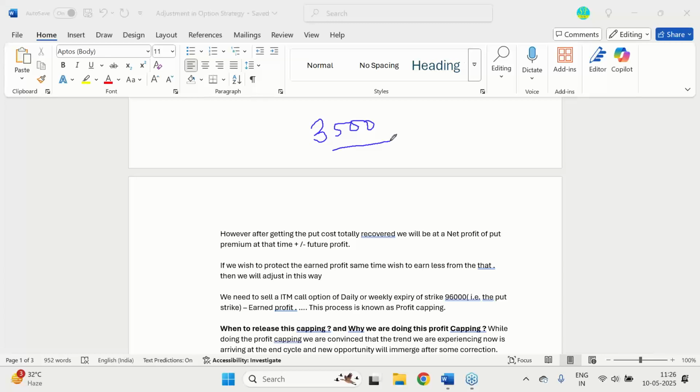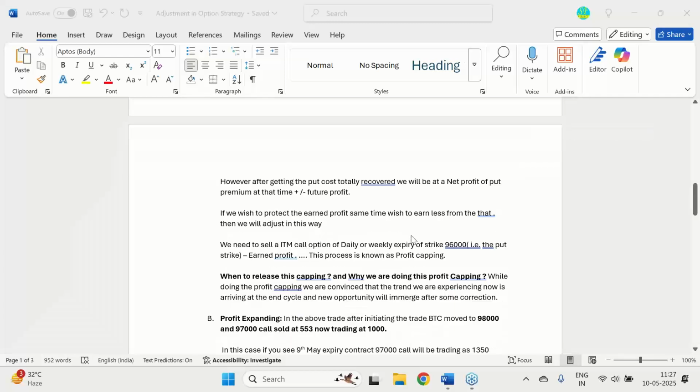I am still holding the put, still holding the future. I am just changing my style. Instead of selling the 97,000 call option again, I am selling 95,000, 96,000 or 94,000, any of these lower strike call options to protect this 3,500 points of earned profit. So this process is known as profit capping.